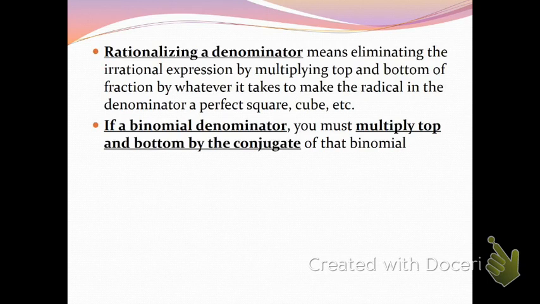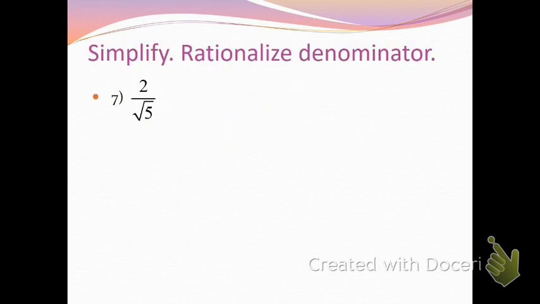All right, so here we go, rationalizing the denominator. So look at this one. If we're going to simplify, we can't have radicals in the denominator. So we're going to rationalize it. In this case, I'm going to multiply both the numerator and the denominator by the square root of 5. I'm not changing the problem because this is multiplying by 1.